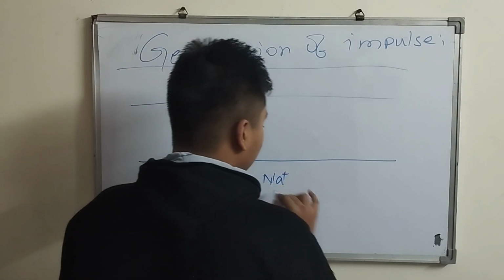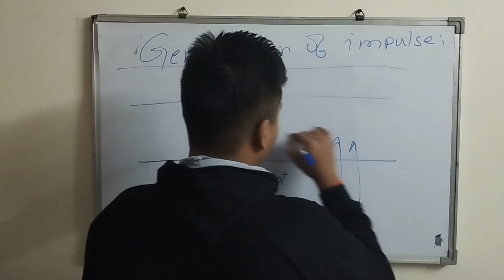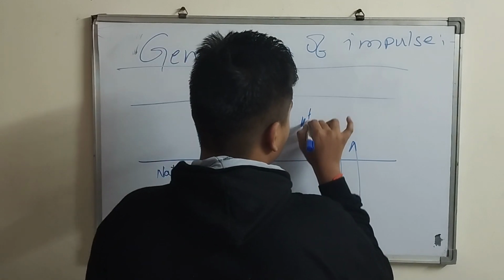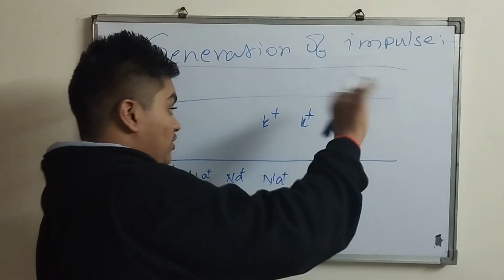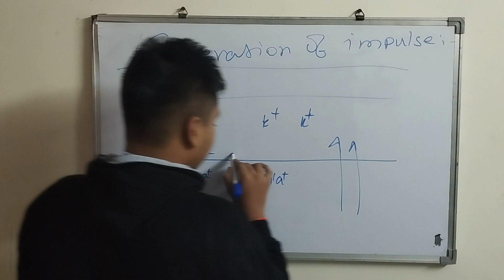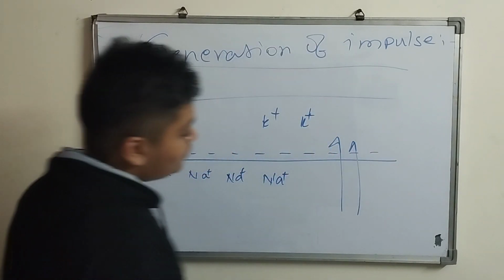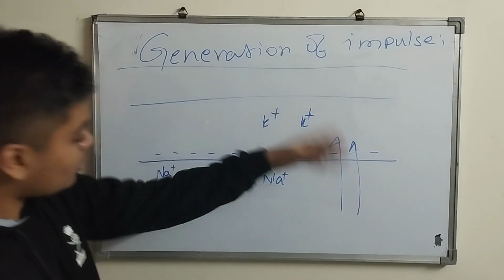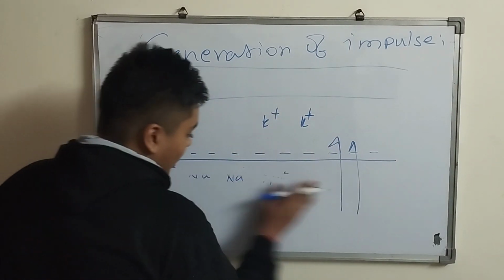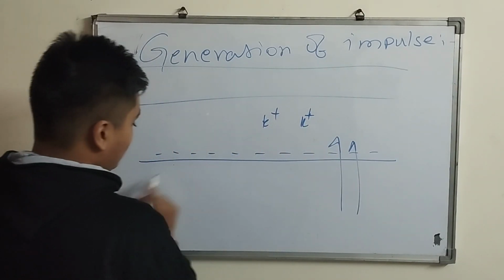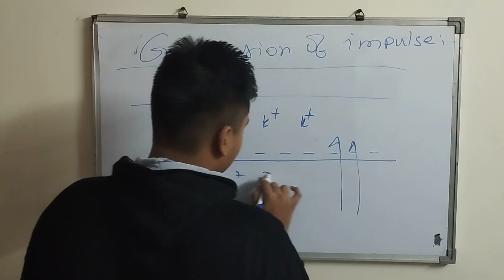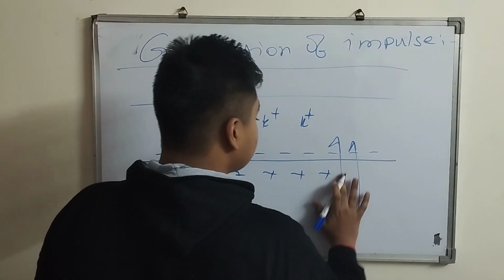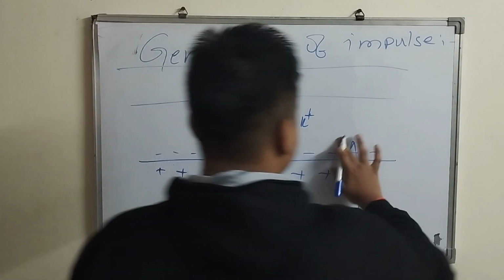It is permeable to negative ions and K plus, and negative ions move in more than the K plus. More negative charges appear on the inner side of the axolemma, and on the outside you have more positive charges. And this state is called the polarized state.